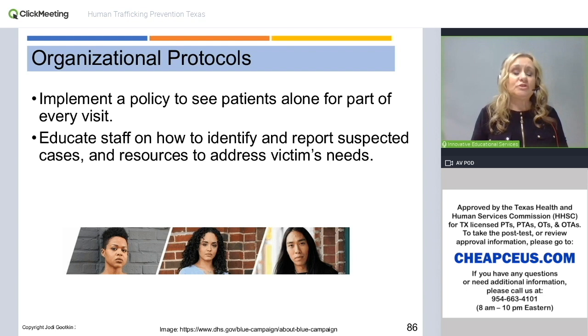One simple strategy that could be part of a protocol is just requiring that every patient is seen alone for some point in their visit, and then that clinician uses appropriate communication to present them with an opportunity to share information that may allow us to assist.